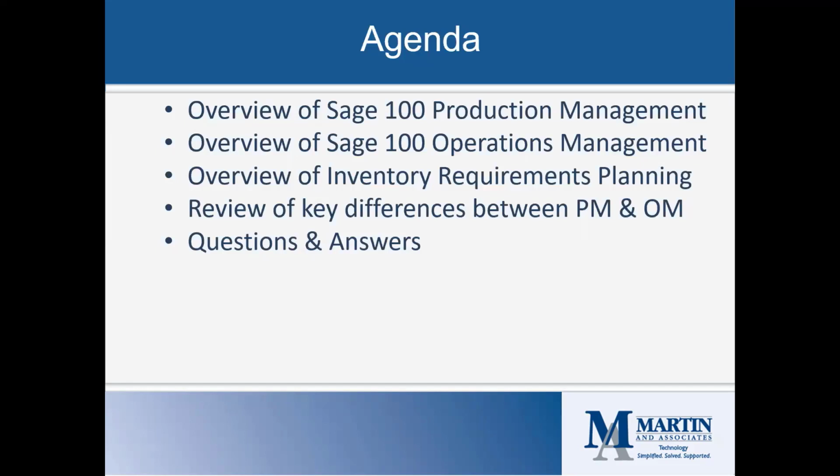Then we're going to review some of the key differences between the production management module and the operations management module, and when you would use one versus the other. We'll wrap up today with question and answer at the end. As Rick mentioned, just send your questions in through Zoom and we will get those answered at the end of class. So that's what we're intending to cover here today.